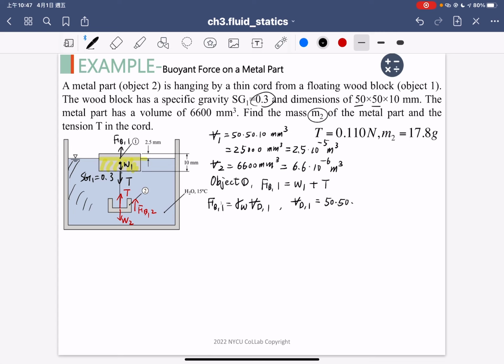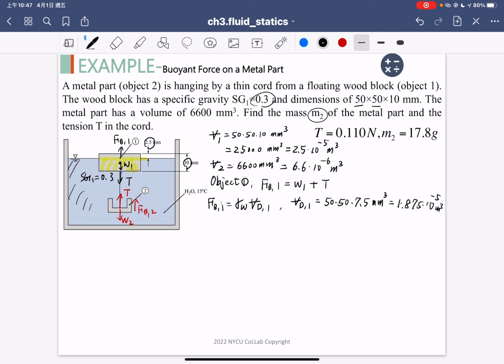The height is only 10 minus the difference of 2.5, so it is 7.5 millimeters. The unit here is cubic millimeters, so we need to convert cubic millimeters to cubic meters. I use my calculator and convert to cubic meters. So it is equal to 18.875 times 10 to the minus 5 cubic meters.